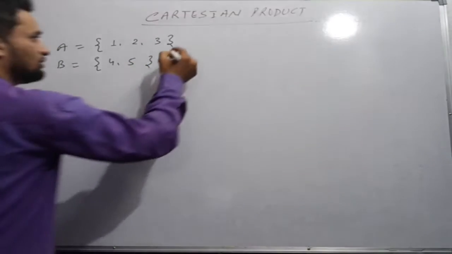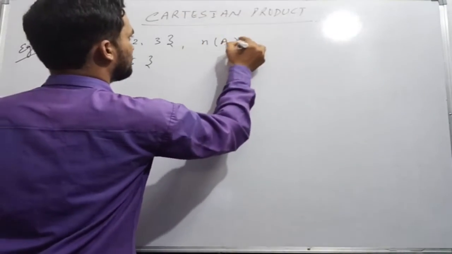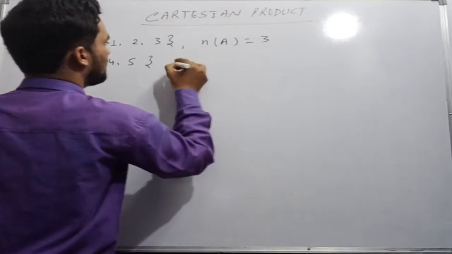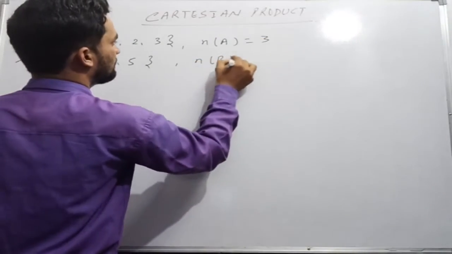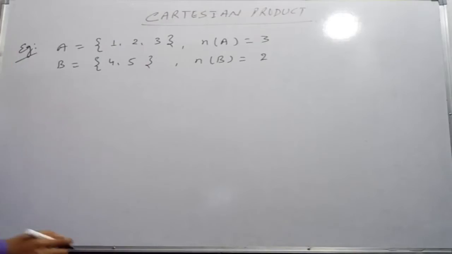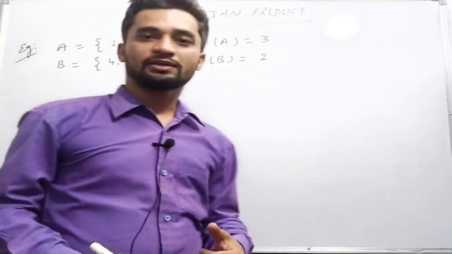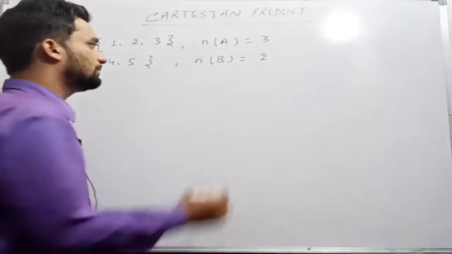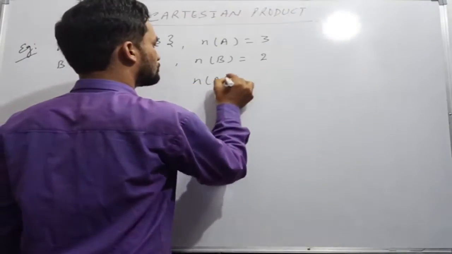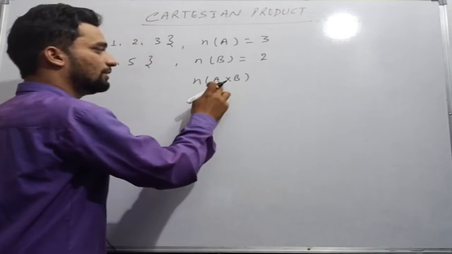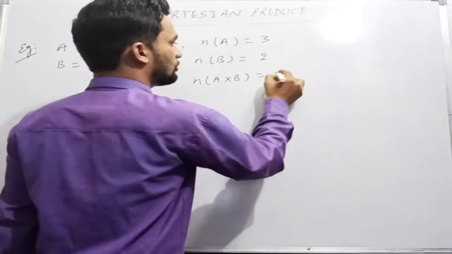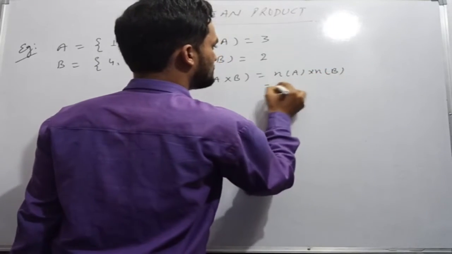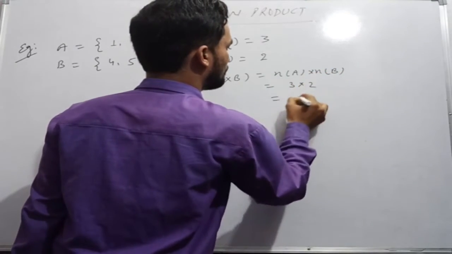We need to find n(A), the number of elements in set A, that is 3, and the number of elements in set B, that is 2. So the number of elements in A cross B must be equal to n(A) into n(B), which is 3 into 2, equal to 6.